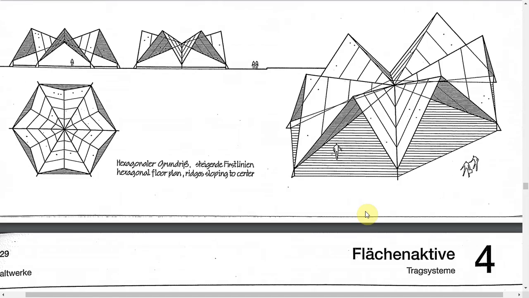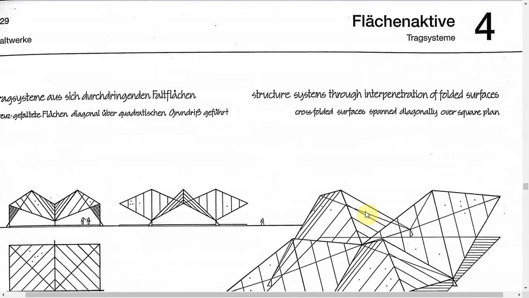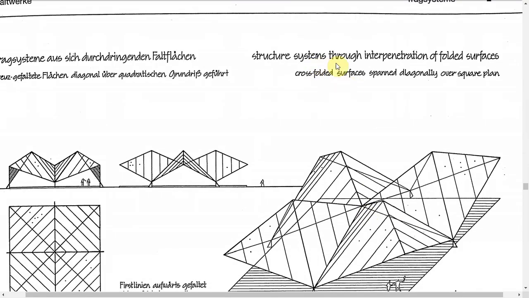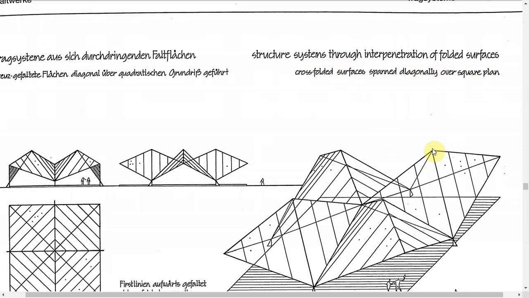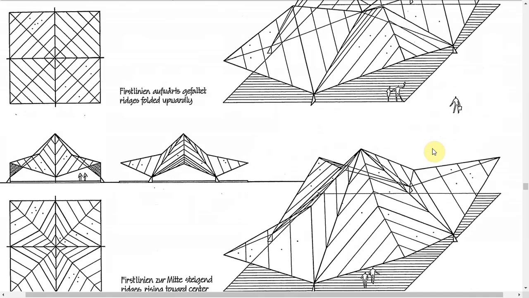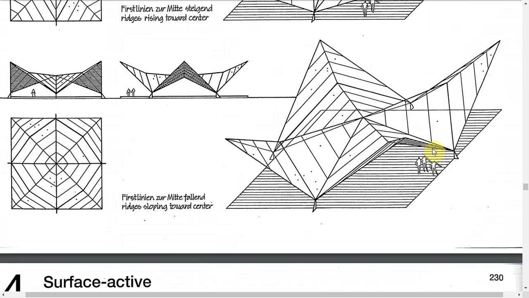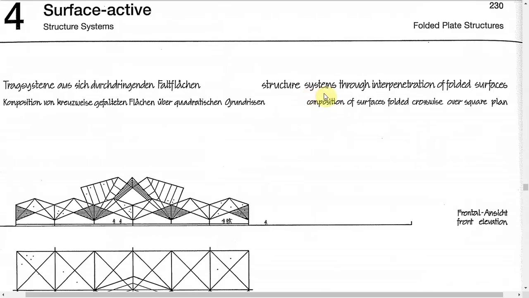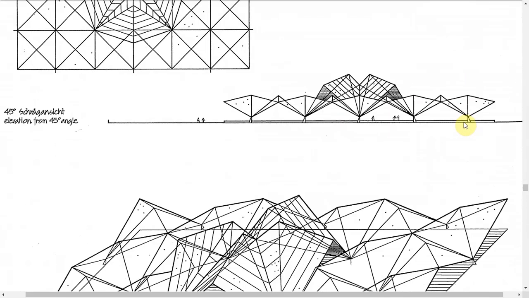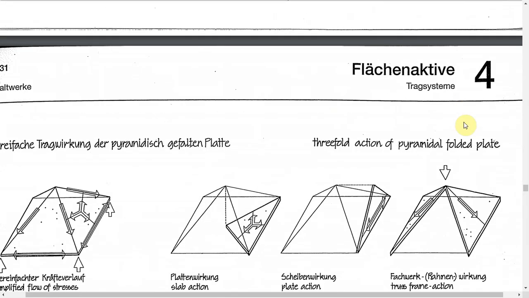These are their examples. Then structure systems through interpenetration of folded surfaces. There are n number of possibilities in these, right? Then the surface system through interpenetration of folded surfaces. These are its examples.